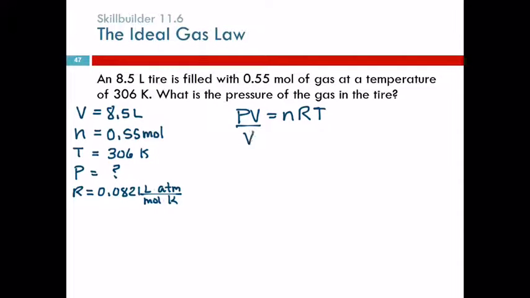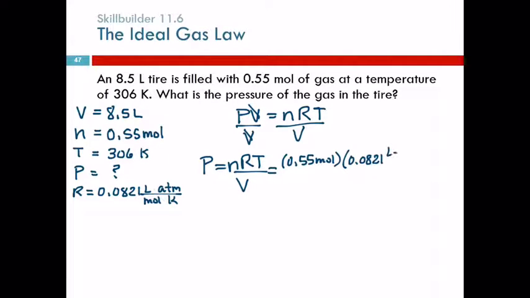So this time I'm going to solve for P. The pressure is nRT over V. So 0.55 moles times the constant, 0.0821 liters atmospheres per mole Kelvin, and the temperature 306 Kelvin divided by the volume, 8.5 liters.